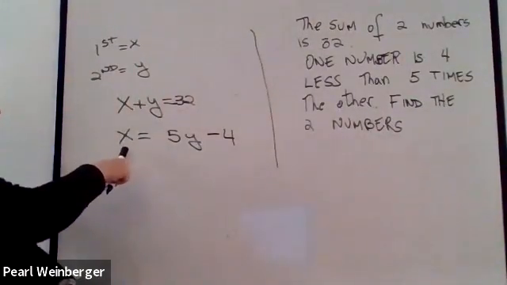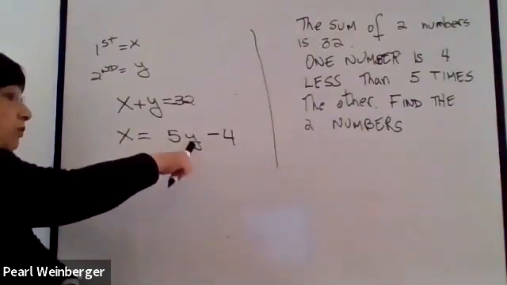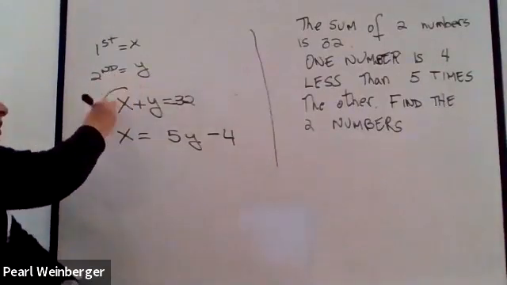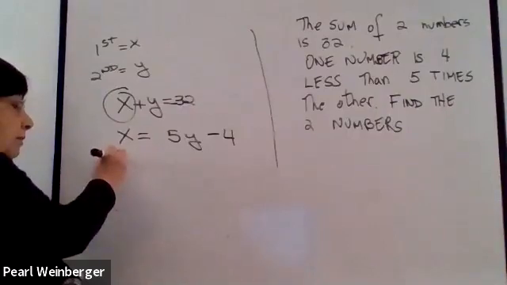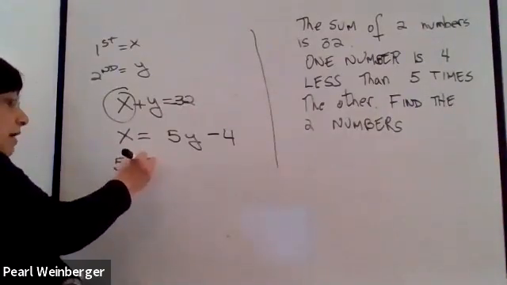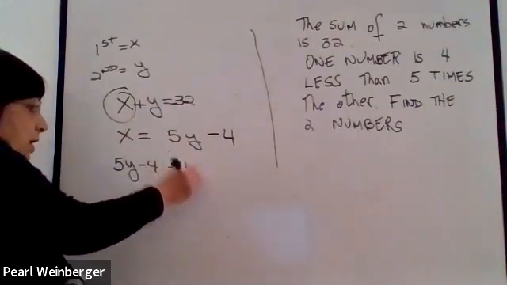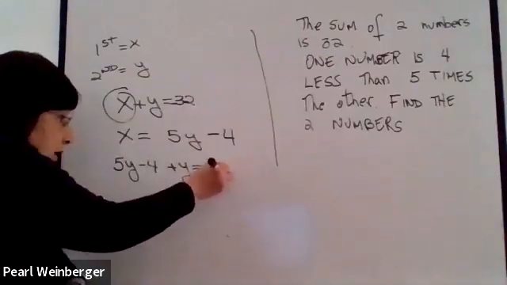Again, it looks like I should use substitution because it's telling me that X equals 5Y minus 4. I can replace in my first equation the X by 5Y minus 4. So I'll get 5Y minus 4, in place of this X, plus the Y from before. That's going to equal 32.